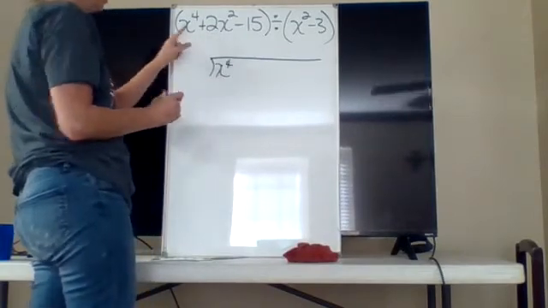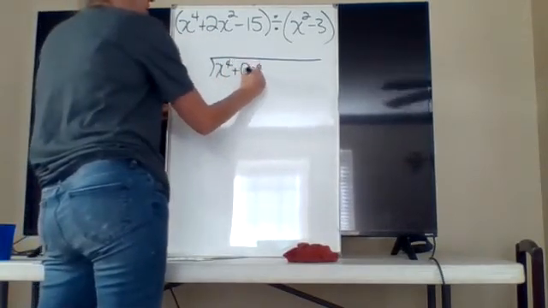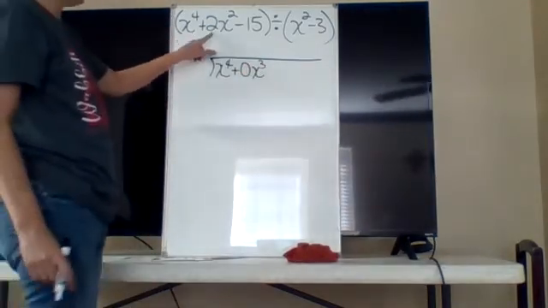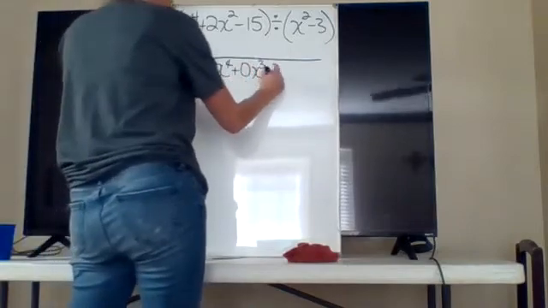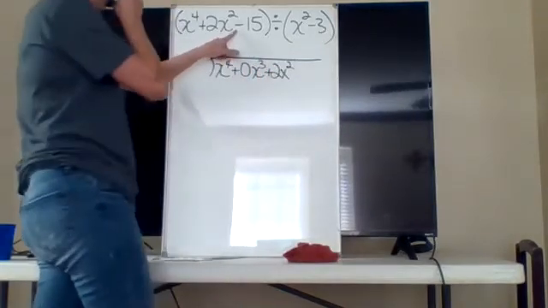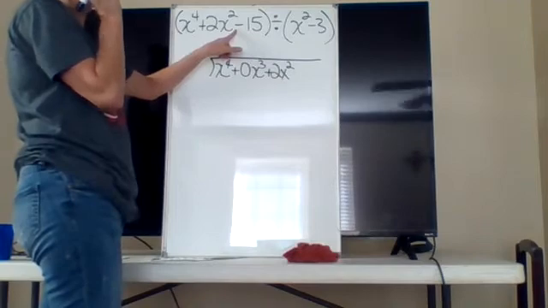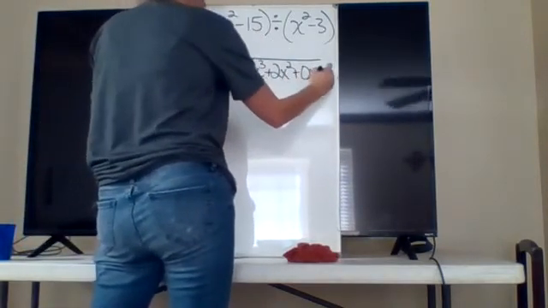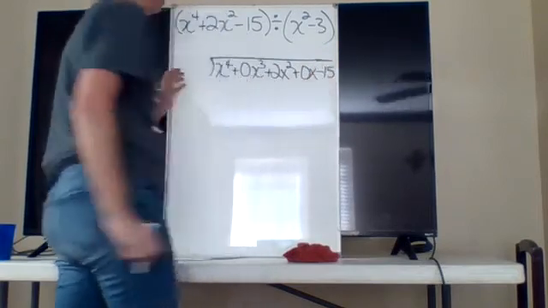Since there's not an x to the third, I'm going to fill it in with a 0x to the third. Then I can put my x squared, so plus 2x squared. Is there an x? Since there's not an x, I'll put a 0x, and then my minus 15.